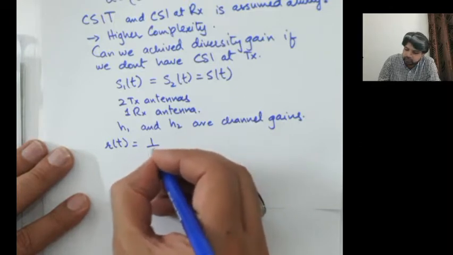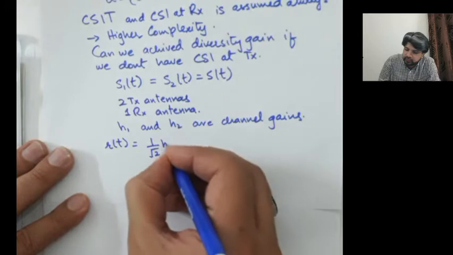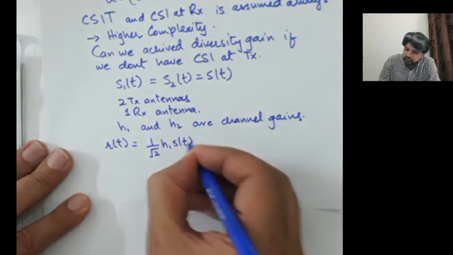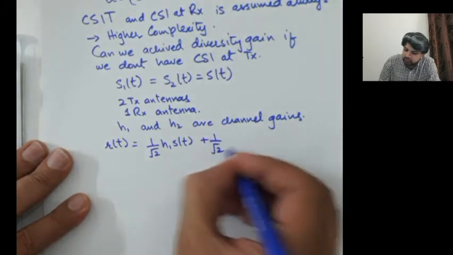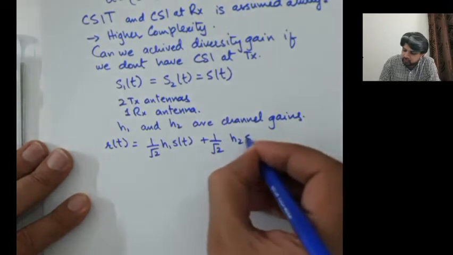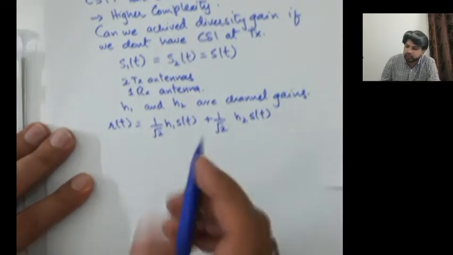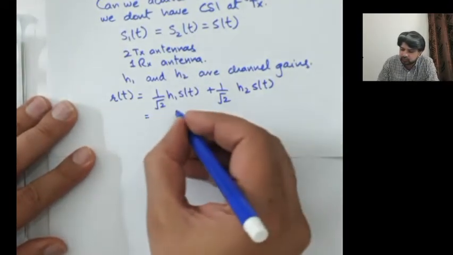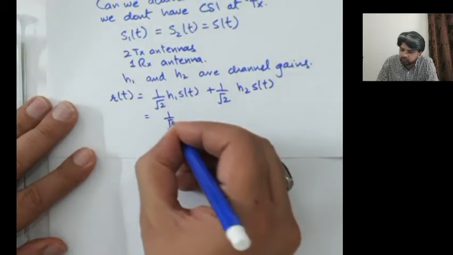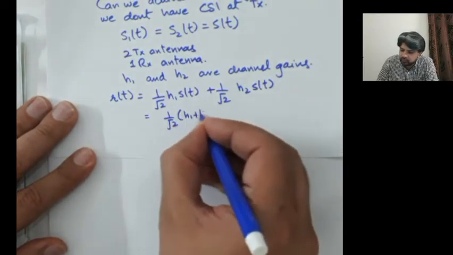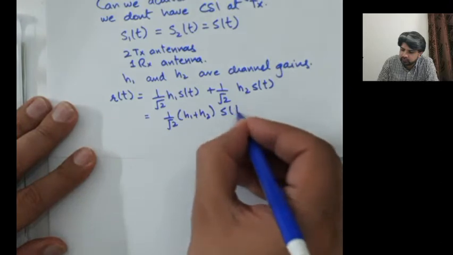That would be equal to 1 over root 2 times H1 times S of t plus 1 over root 2 times H2 times S of t. And that would mean that your received signal would be equal to 1 over root 2 times H1 plus H2 times S of t.